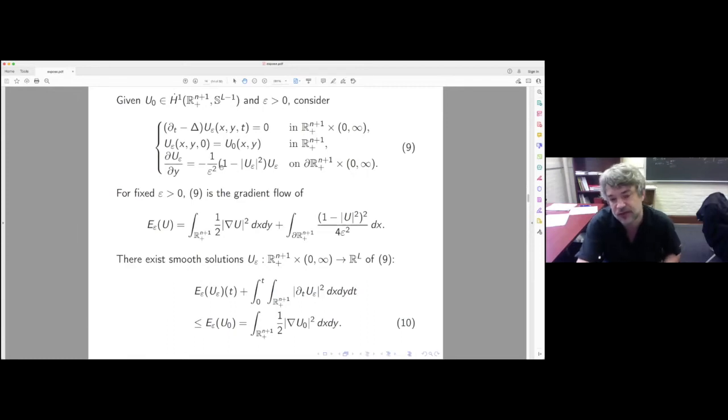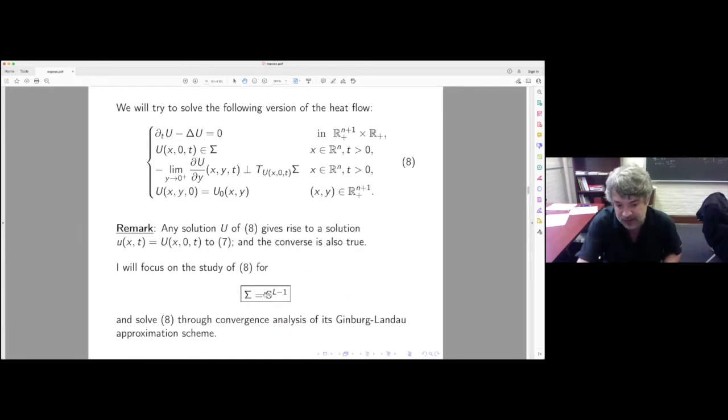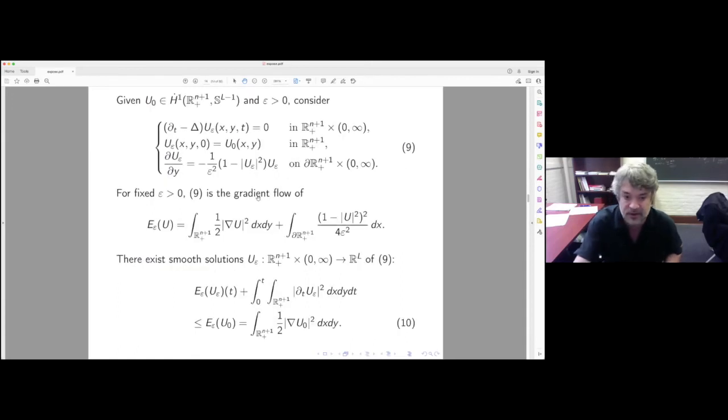If the target sigma is not the sphere but a general manifold, you have to project and so on, but you can do it. You can also have a Ginzburg-Landau approximation scheme, as been known by Chen and Struwe, okay. But let's focus on when the target is a sphere. When the target is any other compact manifold, it's just technically harder to write, but now we know how to do it.